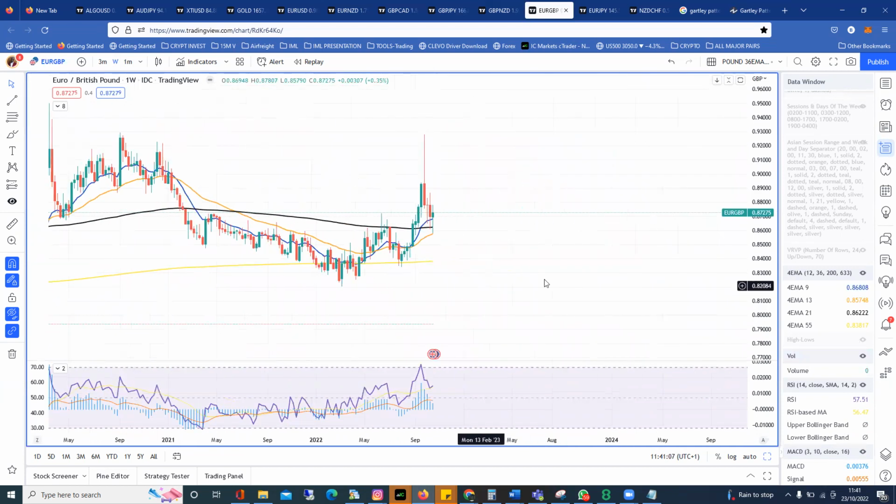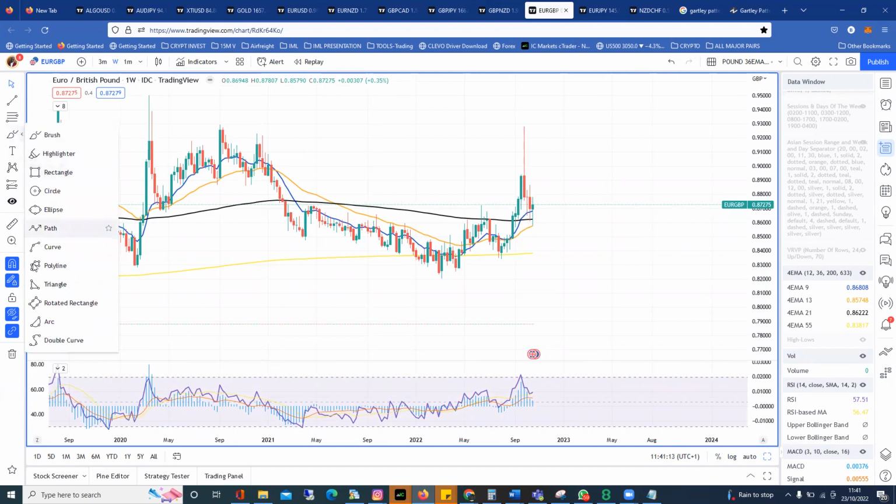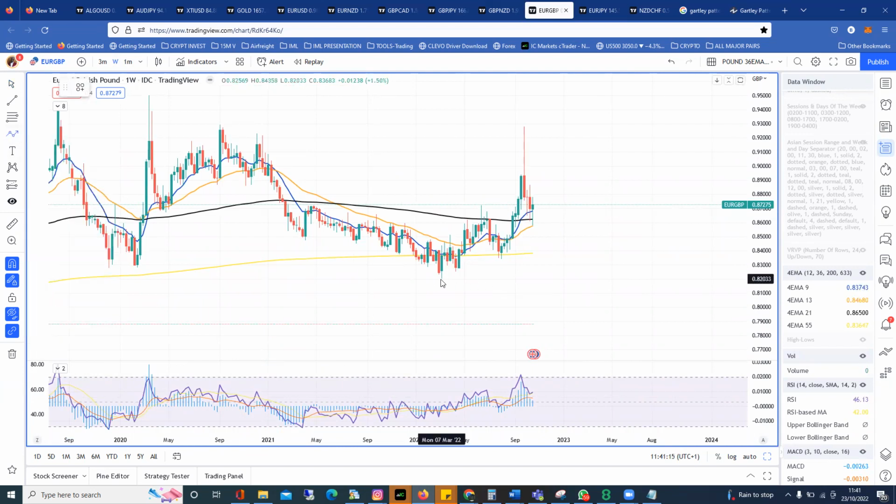And why is this important? Because when you look at the trend, we have this low, we have this high, we have this higher low, we have this higher high, another higher low, and potential higher high.